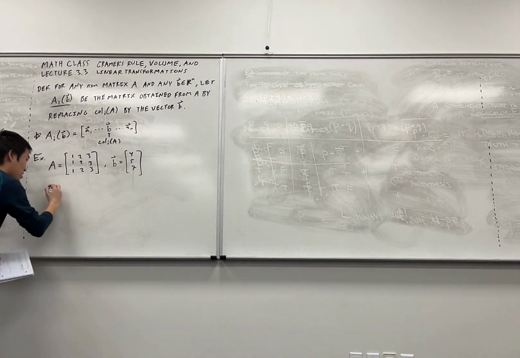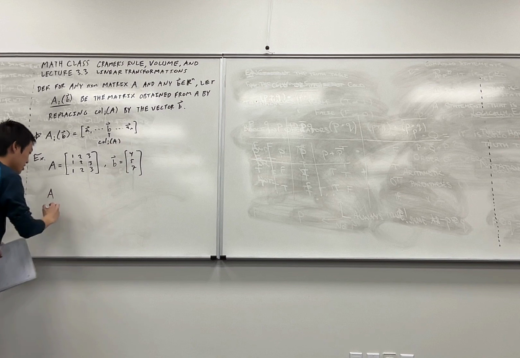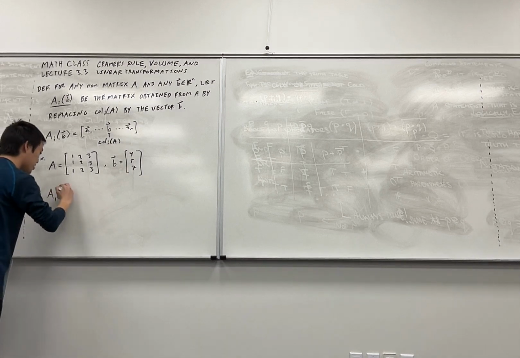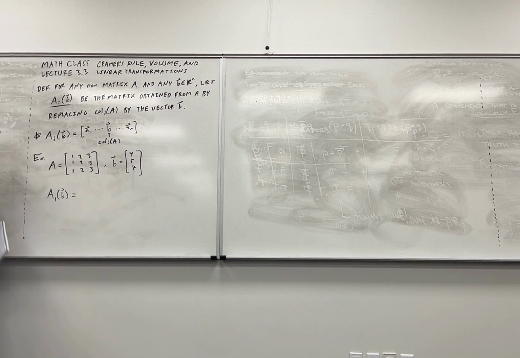So if I wanted to do A sub 1, so I choose i equal to 1, of B, what am I really communicating? What I'm communicating is I want to take my matrix A, and I'm going to reproduce the matrix A. But instead of reproducing it exactly, I'm going to look at which column I'm supposed to be replacing. In this case, the first column. And after I replace that first column, what am I replacing it with?